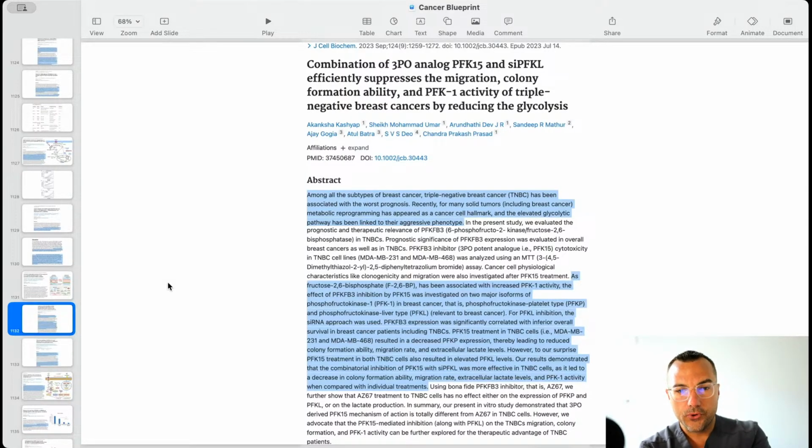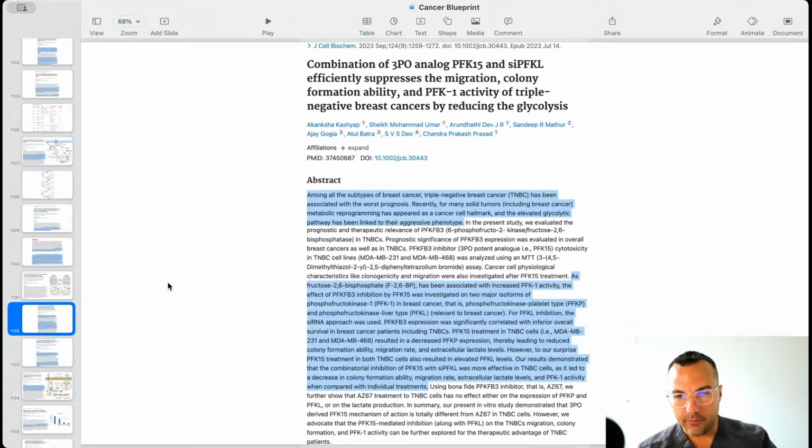As fructose 2,6-bisphosphate has been associated with increased PFK1 activity, the effect of PFKFB inhibition by PFK15 was investigated on two major isoforms of phosphofructokinase in breast cancer. That is, phosphofructokinase platelet type and phosphofructokinase liver type, relevant to breast cancer.